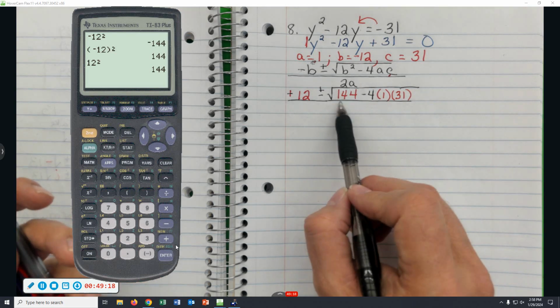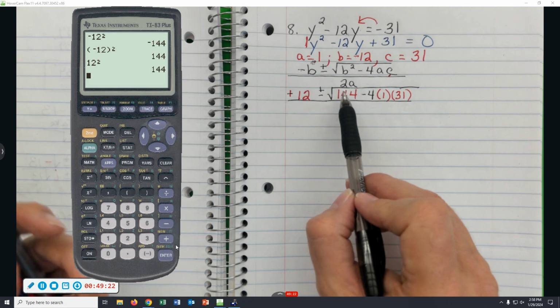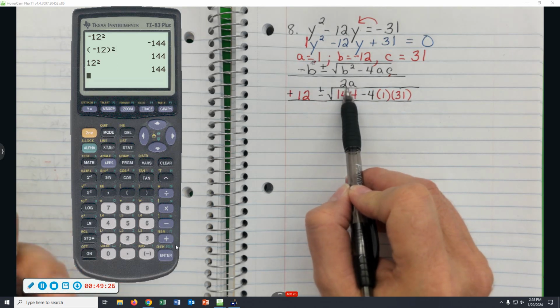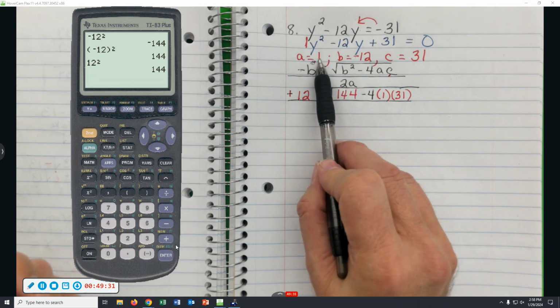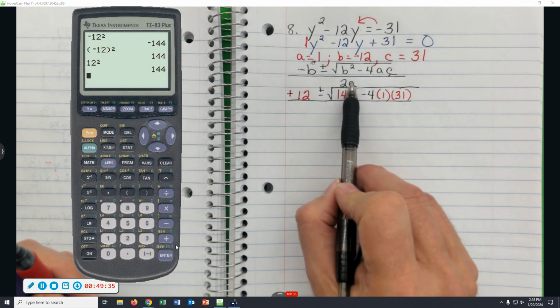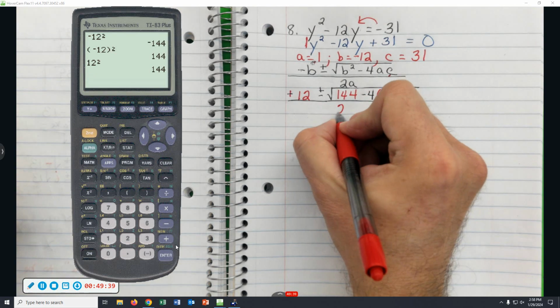And just like I do the B squared in my head, I highly encourage you to do the 2A in your head. Instead of writing 2 times A, you can do that in your head. If you replace the A with a 1, 2 times 1 is 2. Let's just write a 2 down.